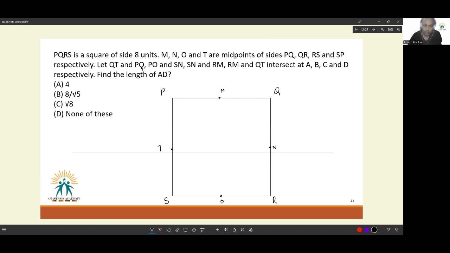Let QT and PO, okay. We need to join points now. What is this diagram?